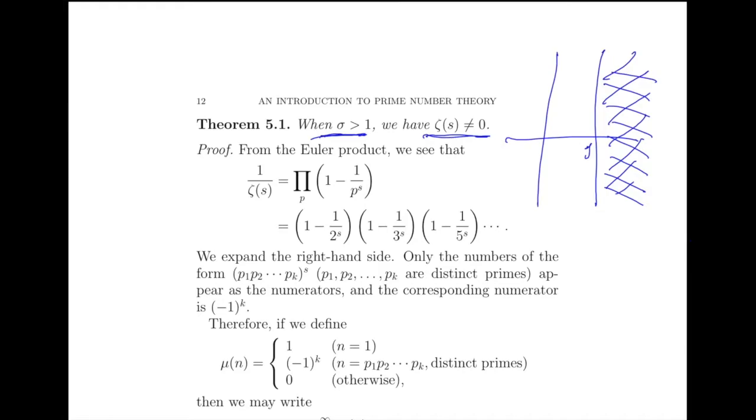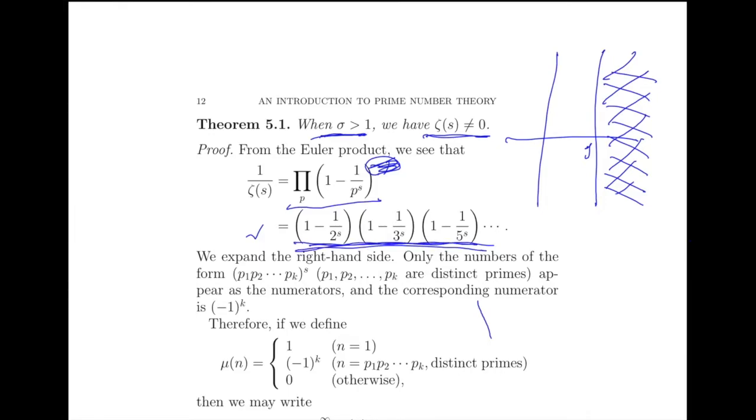This is actually easy because now we consider the reciprocal of the zeta function, which is this product, but without the -1 exponent. We expand this right-hand side.